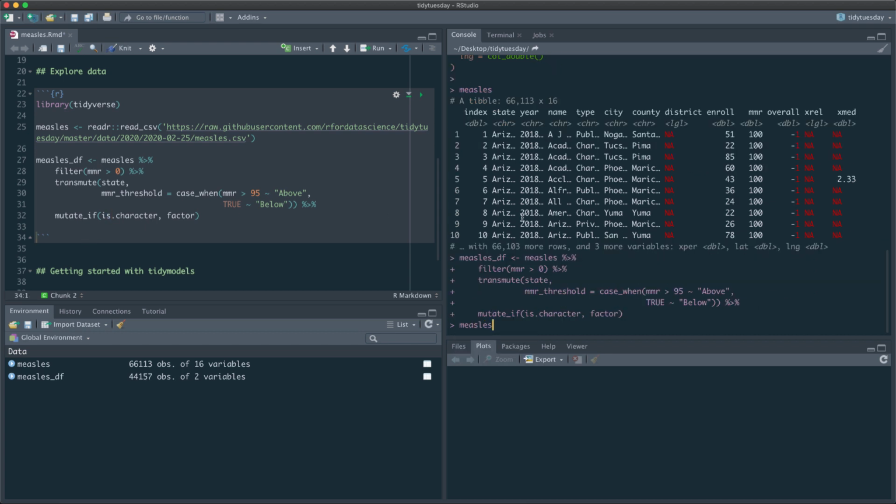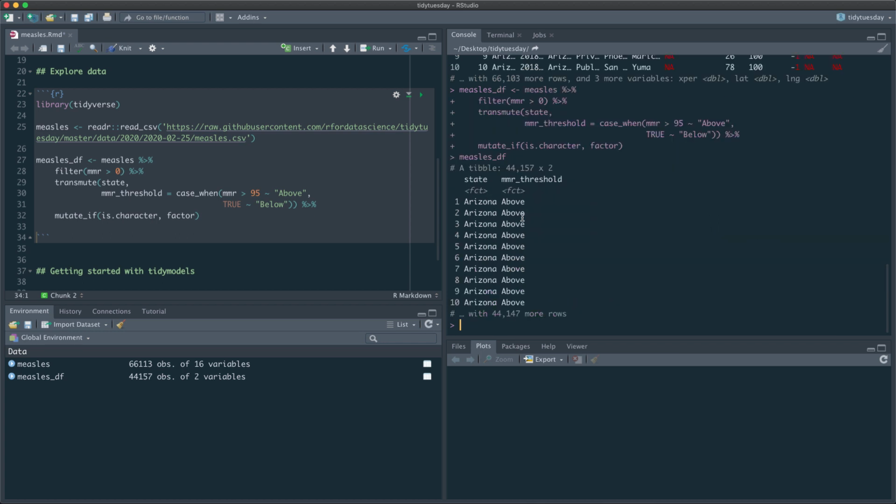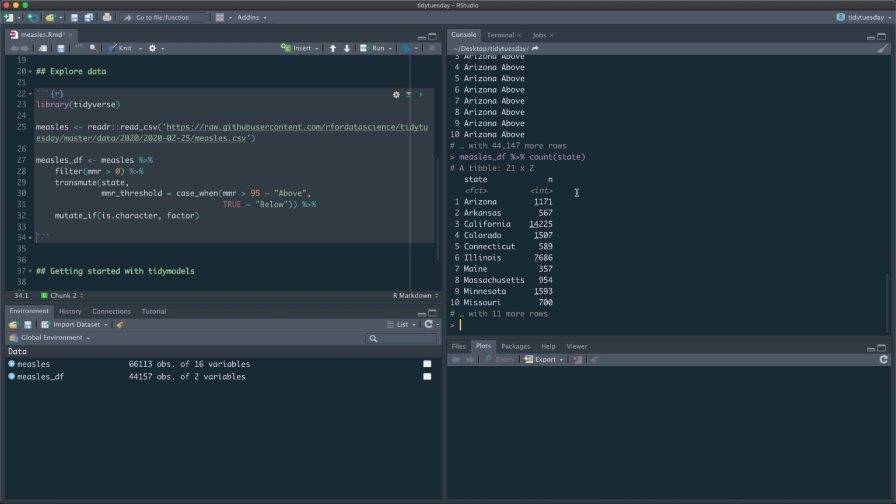All right, so now we have measles_df, which is 44,000 rows. What do we have here? Okay, we've got 20-ish states, and we have MMR data for them.